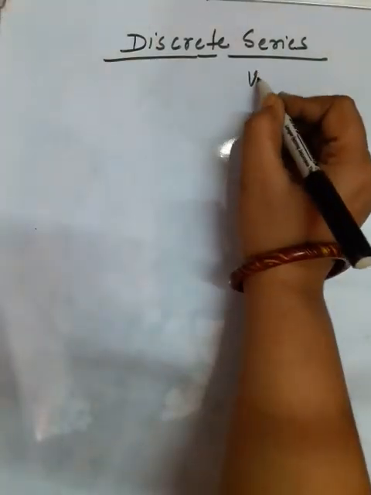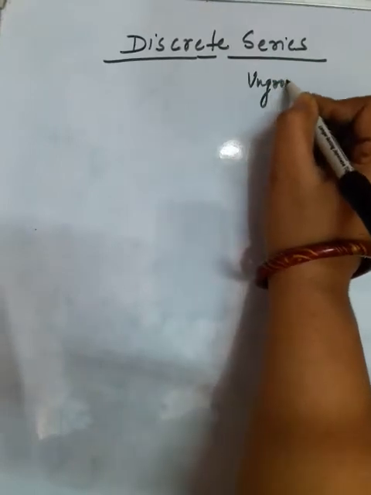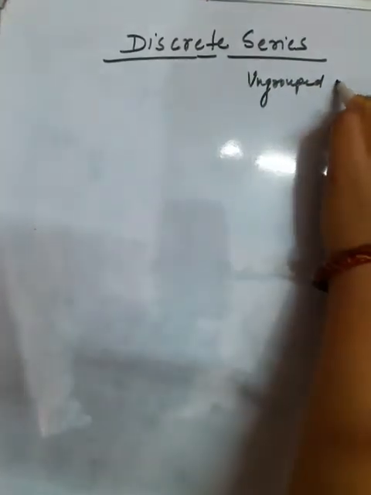In case of discrete series, another name of discrete series is ungrouped frequency distribution.